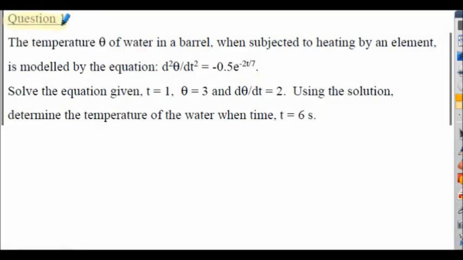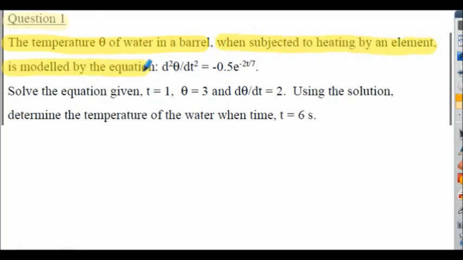So here's question 1. The temperature theta of water in a barrel when subjected to heating from an element is modelled by the equation d2 theta by dt squared is equal to negative 0.5 e to the negative 2t divided by 7. We're asked to solve the equation given that t is equal to 1, theta is equal to 3, and d theta dt is equal to 2.